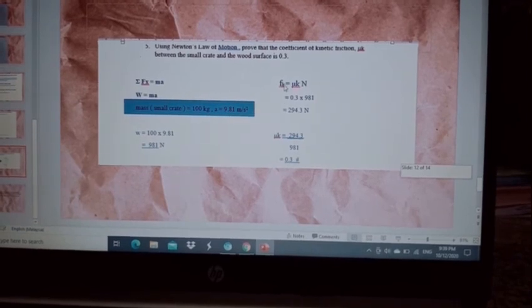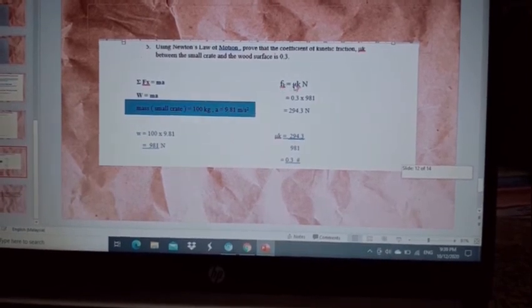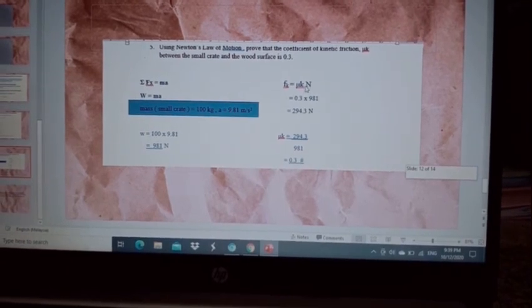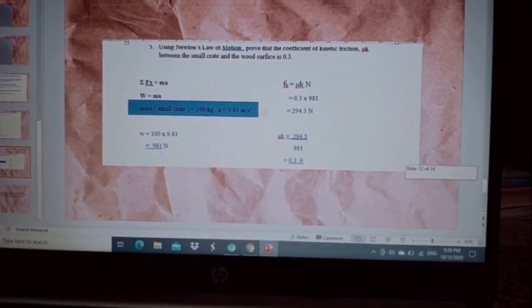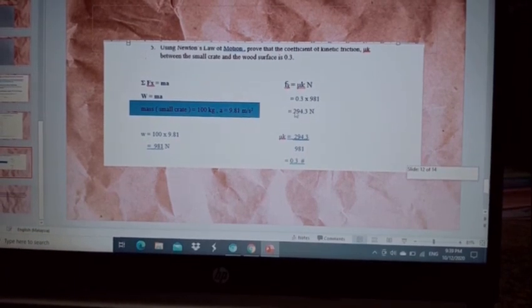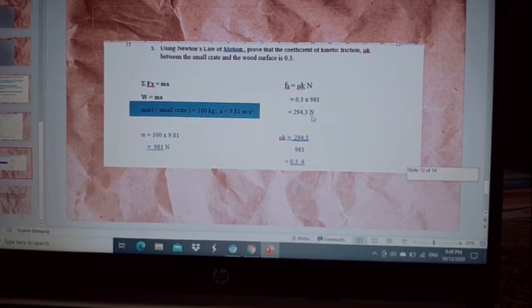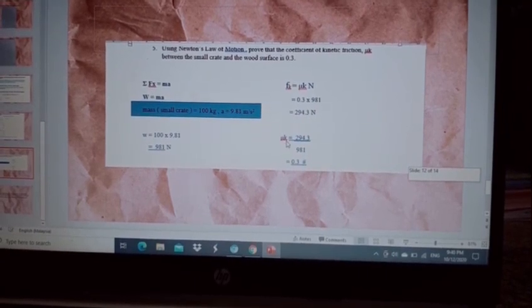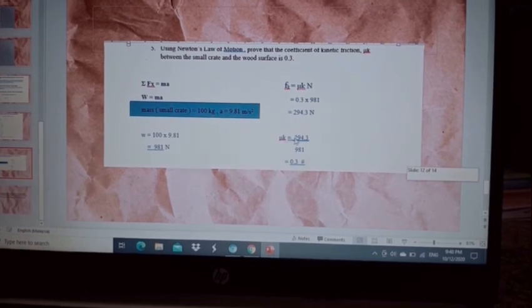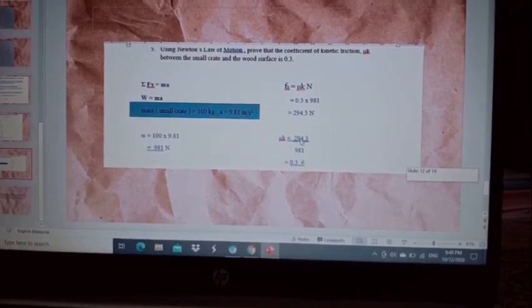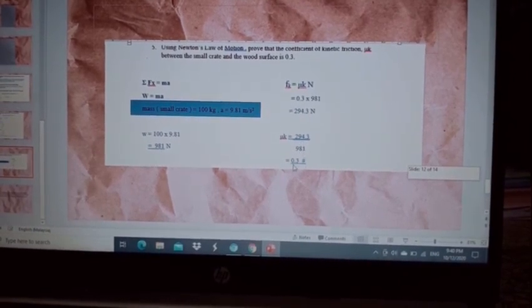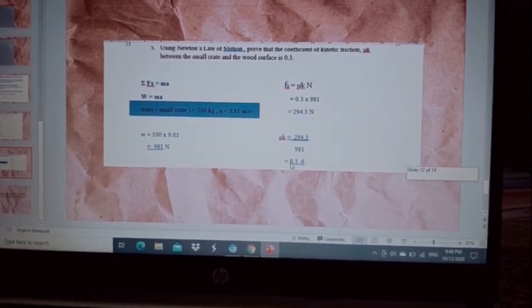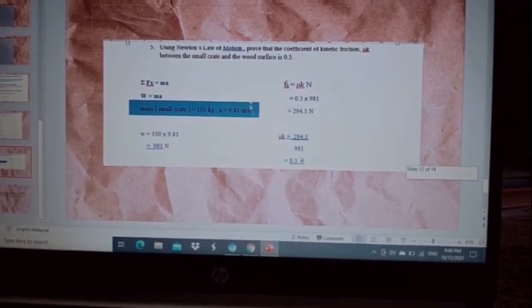Then the kinetic friction force equals the coefficient of kinetic friction times the normal force. So 0.3 times 981 equals 294.3 Newton. Then we calculate the coefficient of kinetic friction equal to 294.3 divided by 981. So the answer is 0.3. So it is proven.